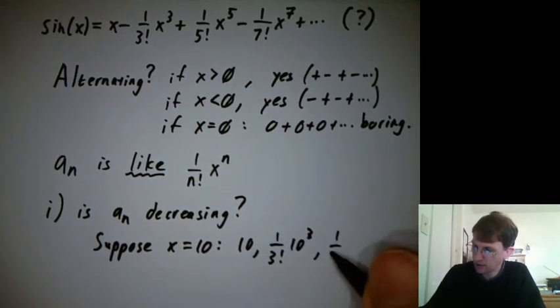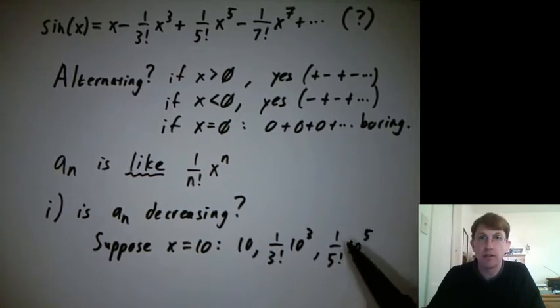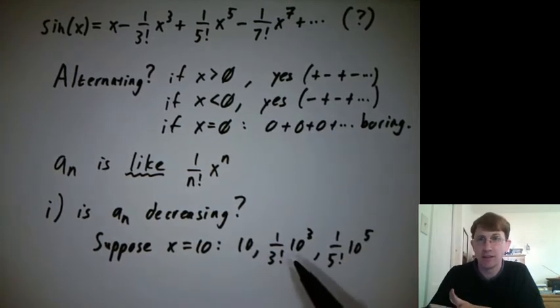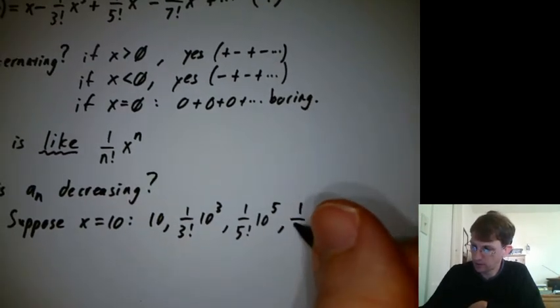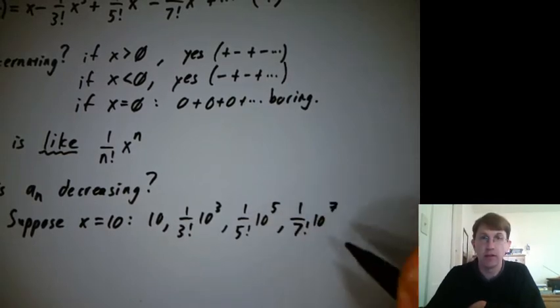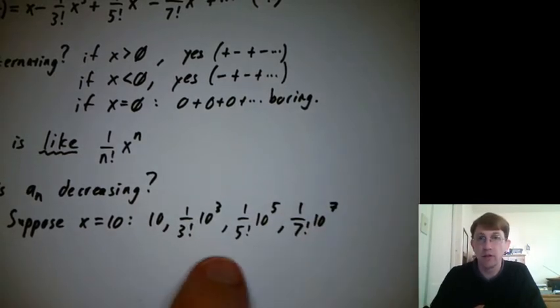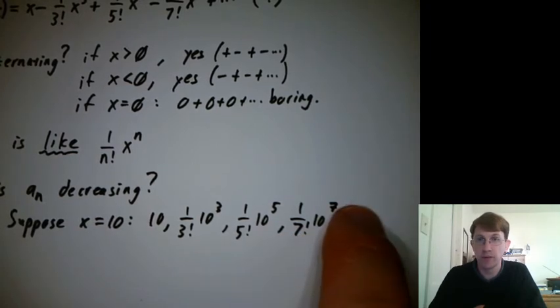And then 1 over 5 factorial times 10 to the fifth, which is even bigger than this. This does not look like it's decreasing. So we could say 1 over 7 factorial times 10 to the seventh. That's even bigger than this was. But it turns out if we go out far enough, the factorial in the bottom overwhelms the exponential that's going on.